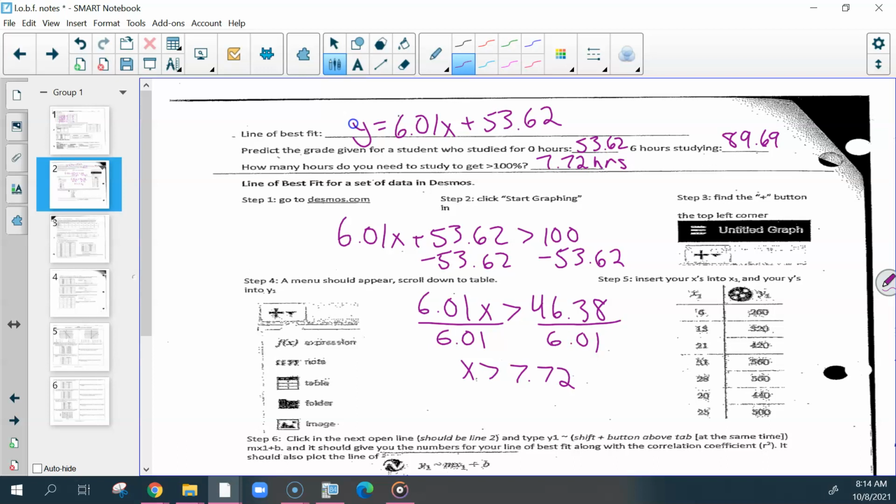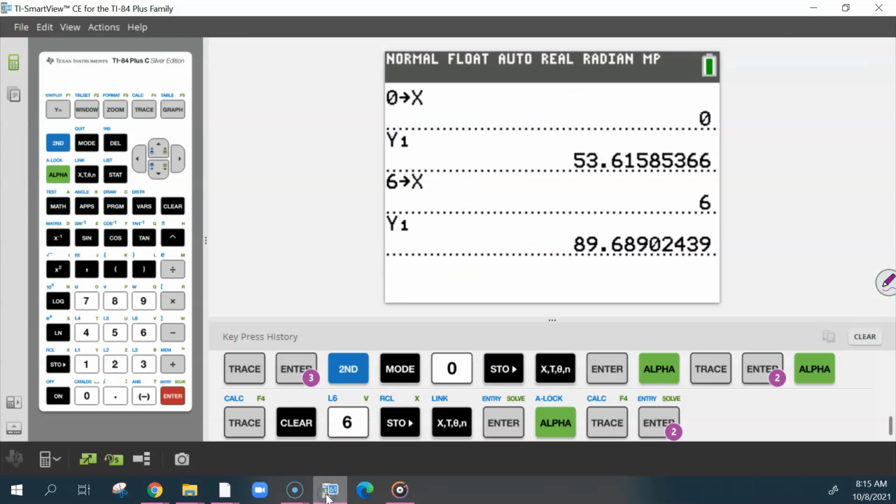So remember that we put that equation in y1. Once you finish writing, I'm going to go back to the calculator. If you need me to go back, just give me 1 second, I'll do that.